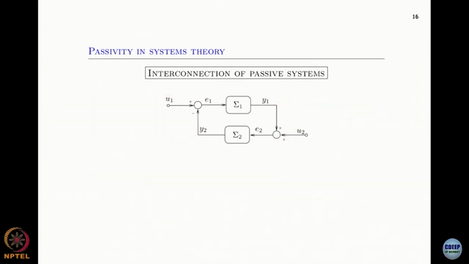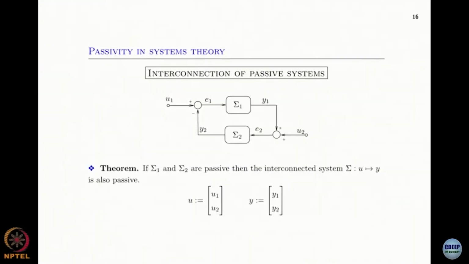And you can keep interconnecting blocks in feedback, and you will conserve the passivity property. And as we will see, this can be very useful to construct your controllers, always trying to maintain this passivity property, or rendering the system passive if it is not in the beginning.